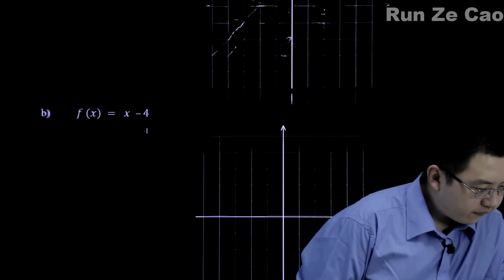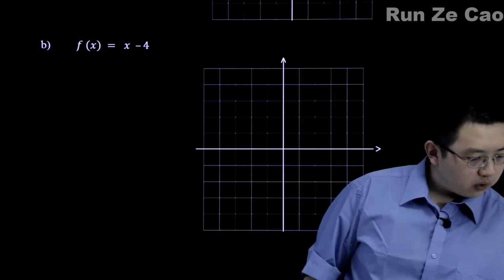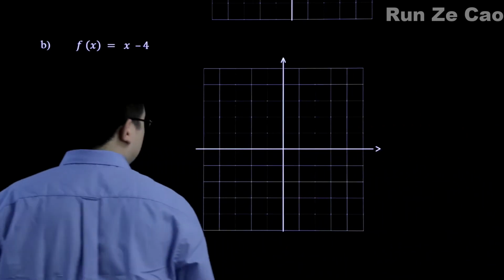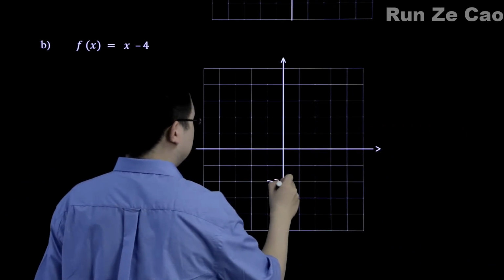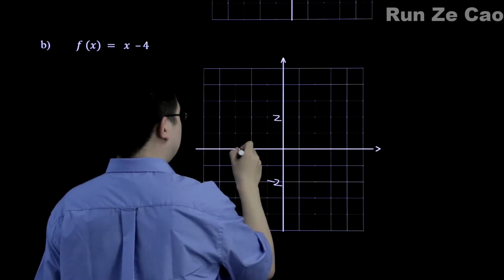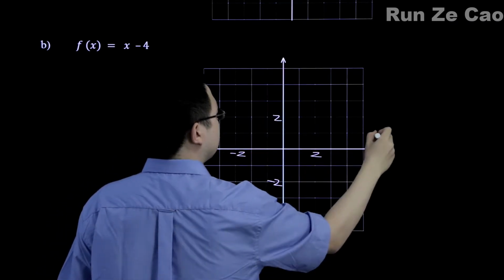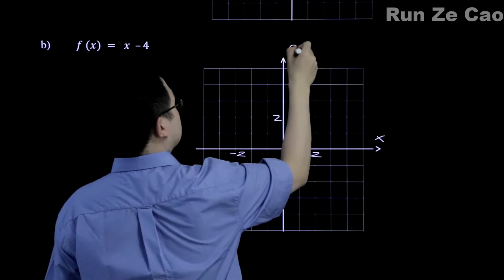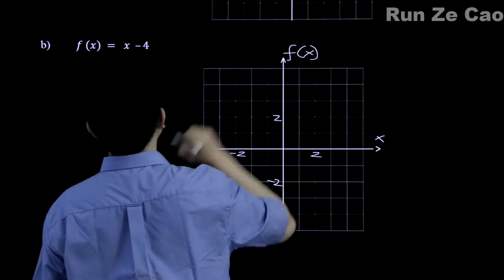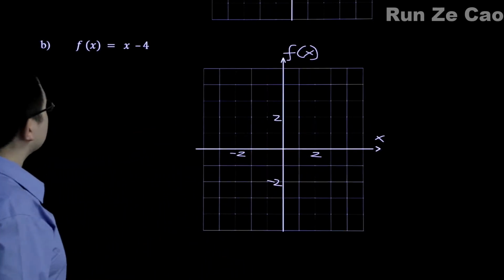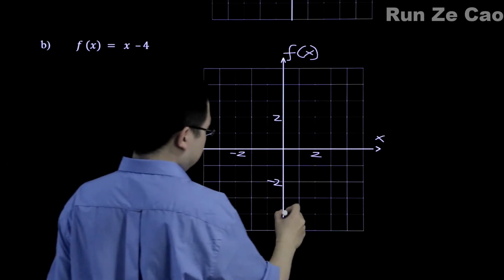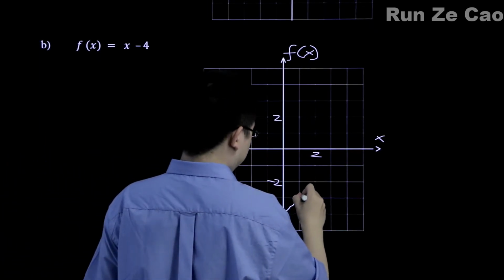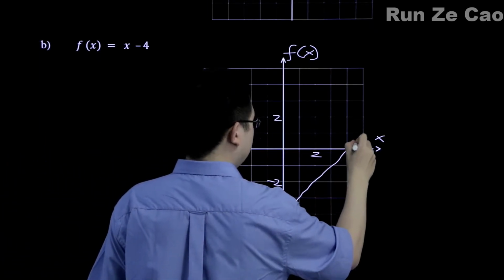Now what about f(x) equals x minus 4? Well then, negative 2, 2, negative 2, 2, x, f(x). f(x) equals x minus 4. That means we still have a slope of 1.